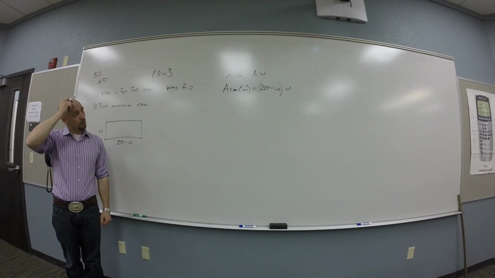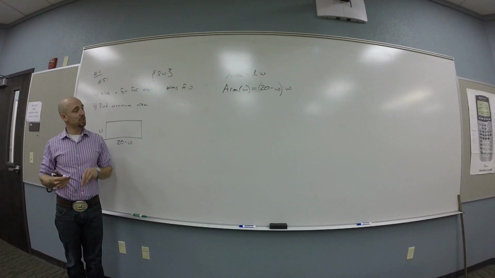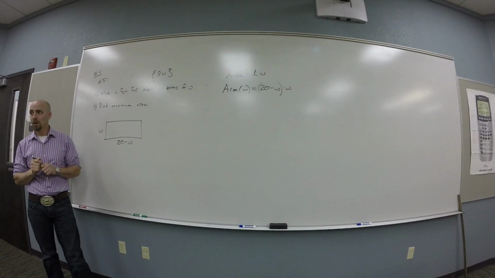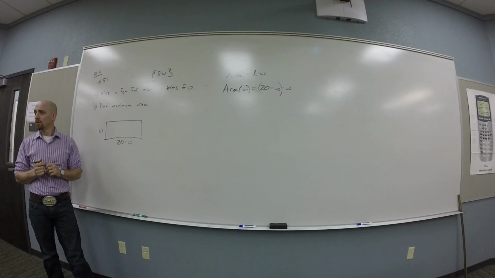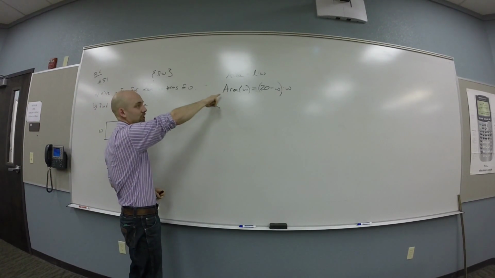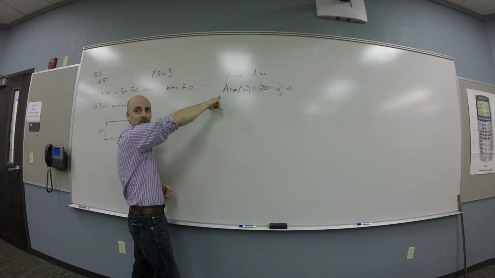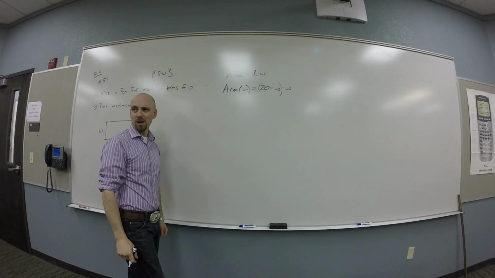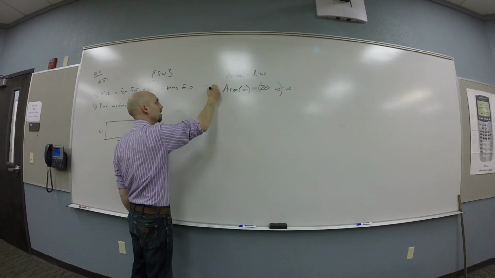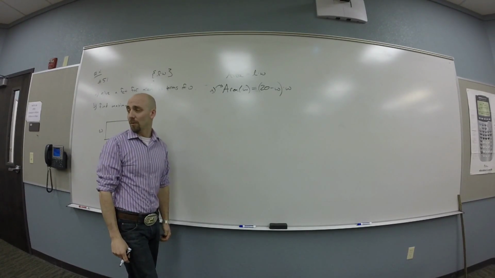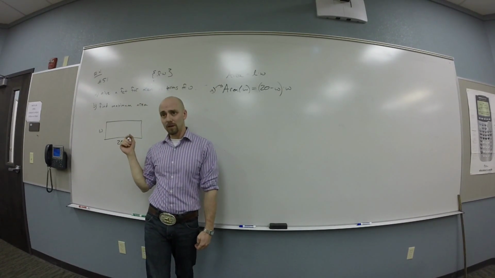Okay, so now that I've got area as a function of W is this thing, what do I do? Okay, we could distribute, right? This is really the answer to, you guys see that? That's already the answer to part A. So now I'm looking for maximum area, right?